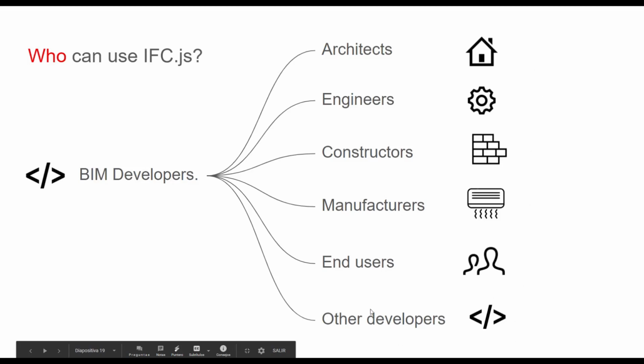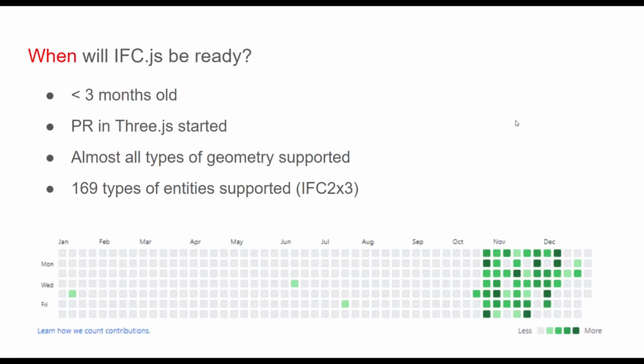So yeah, there are a lot of use cases that can take advantage of the functionalities of this library. And about when will IFC.js be ready? This library, I think it is more or less 3 months old, so it's really young, but we are really close to supporting the majority of entities contained in IFC 2x3.